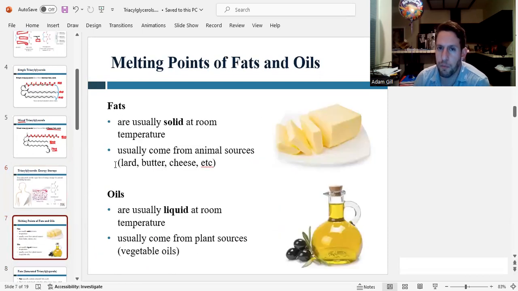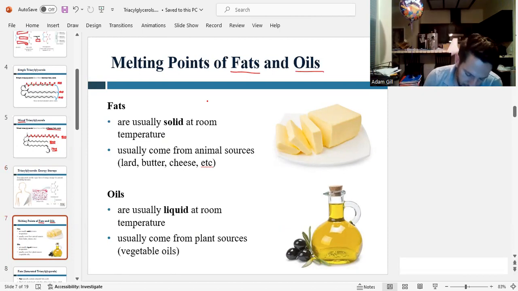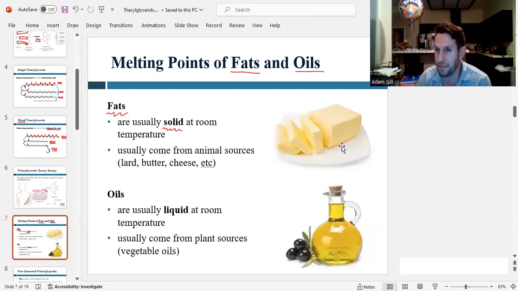Let's talk about the melting points of fats and oils. So we typically define a fat versus an oil based on their melting temperature. If something is a solid at room temperature, we usually call it a fat. Common fats would usually come from animal sources, things like butter, lard, cheese, right?